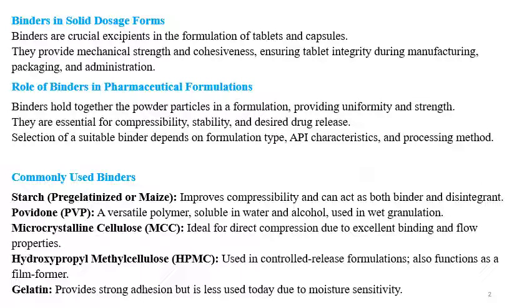Povidone is a versatile polymer suitable for granulation. It is soluble in water, soluble in solvents like alcohol, acetone, IPA, and used in wet granulation. MCC is ideal for direct compression due to excellent binding and flow properties. Hydroxypropyl methylcellulose, that is HPMC, is used in controlled release formulations and also functions as a film former.